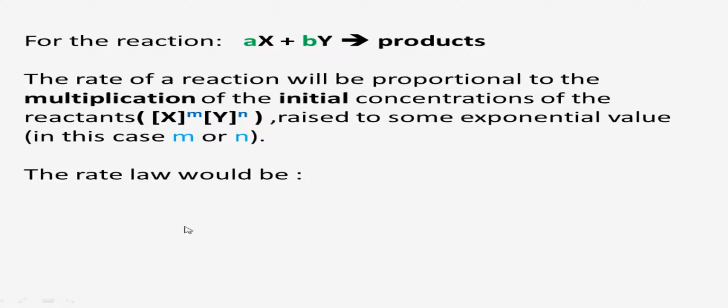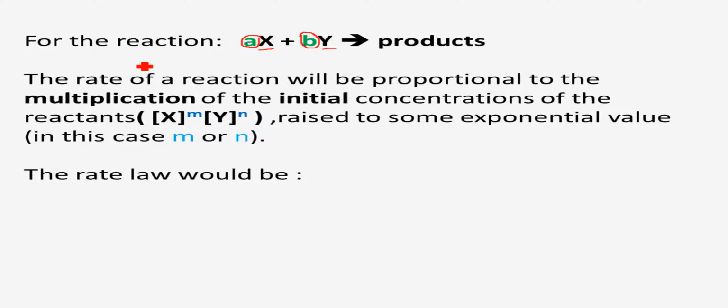So let's take a look at a general equation here. I'm just going to grab a pen. And so we've got two reactants, X and Y, and they are raised to the coefficient of A and the coefficient of B respectively.